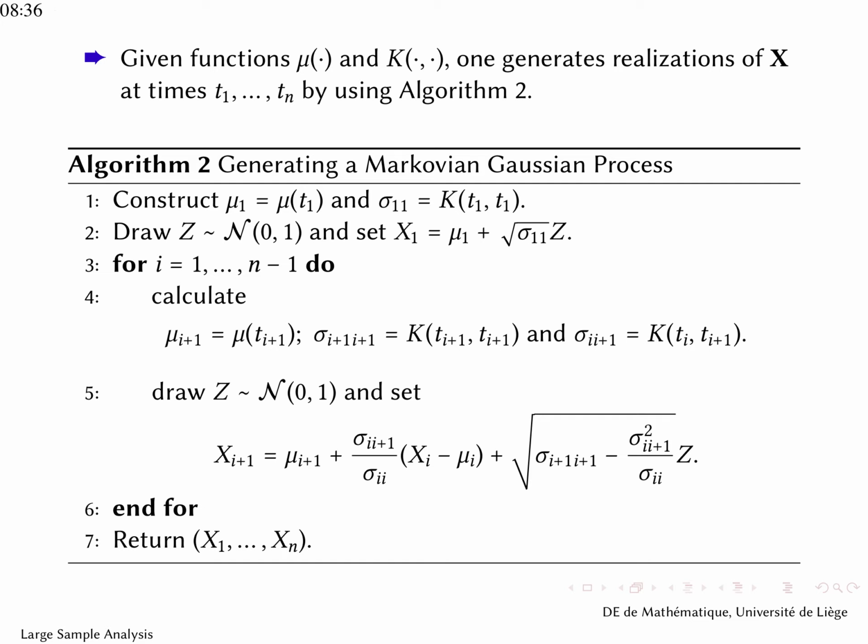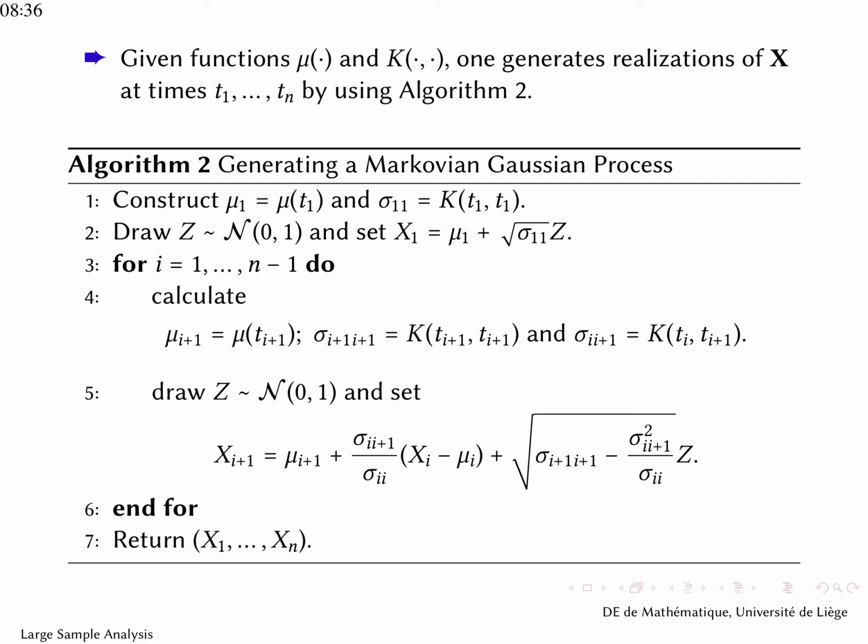And we also calculate the covariances, so the covariance between xi plus 1 and xi, so basically between the observations or the values in ti and ti plus 1. Then we again make a draw from a univariate normal distribution, and then we use the conditional probability that we calculated on the previous slide.